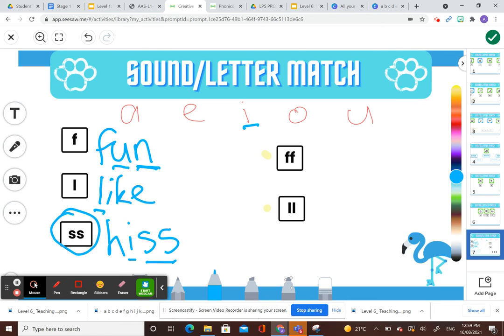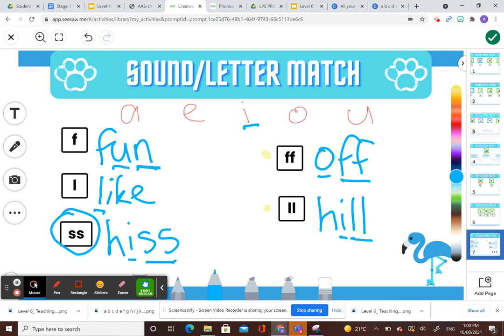Now up here for the double F. Now if the word is off, I can see that I've got a short vowel sound, o, which would mean we'd then need to double our final consonant. And finally, our last word is hill. Again, I have a short vowel sound, i, followed by the l, which we need to double.